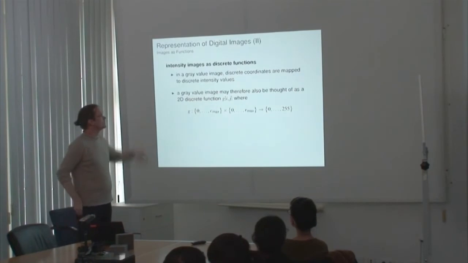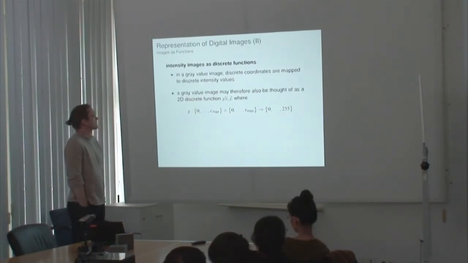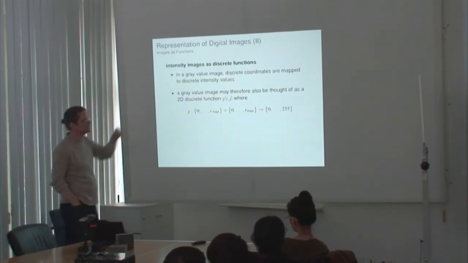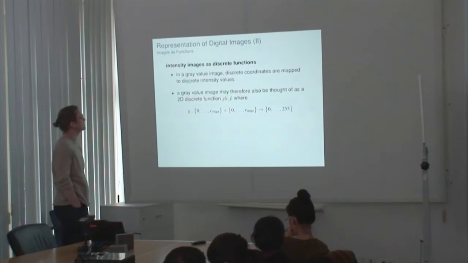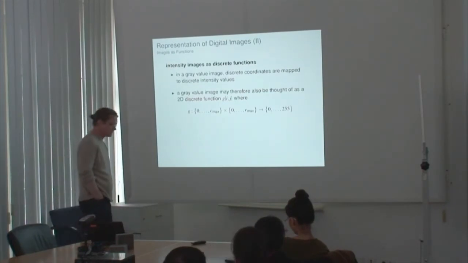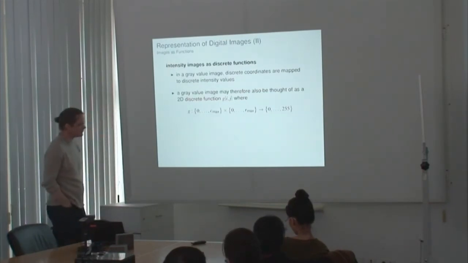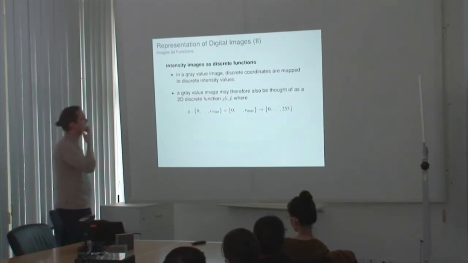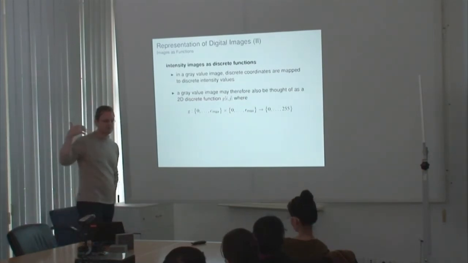And now we talk about functions. Again, we said intensity images, and we'll focus on them for the sake of simplicity, are discrete and quantized. For certain discrete row and column coordinates, we have certain discrete intensity values.